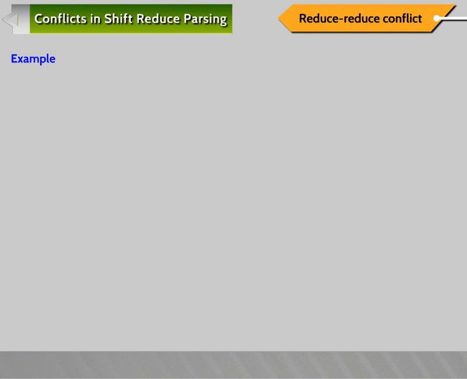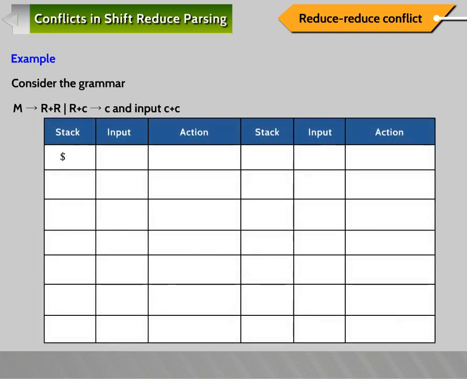Reduce-reduce conflict example: consider the grammar M provides R plus R | R plus c, R provides c, and input c plus c.